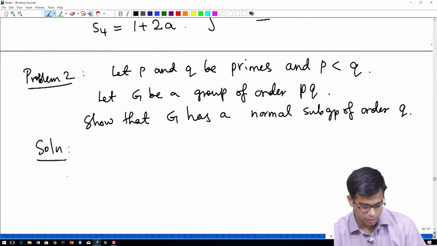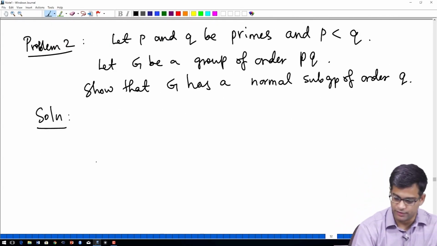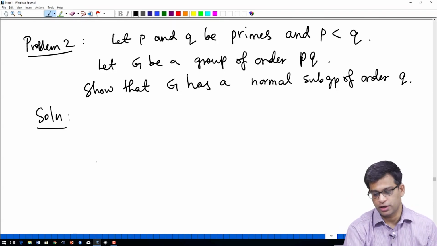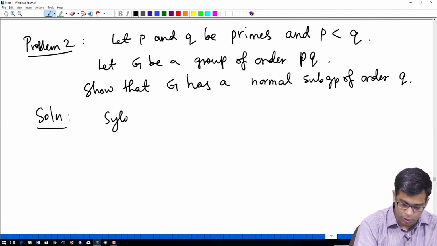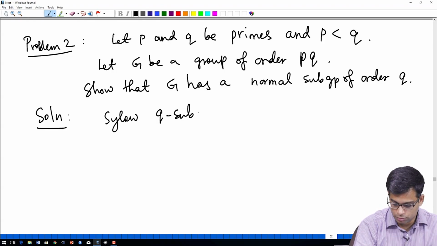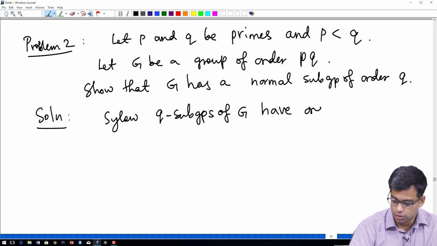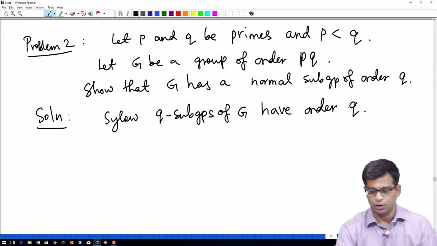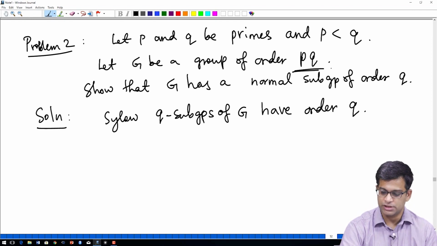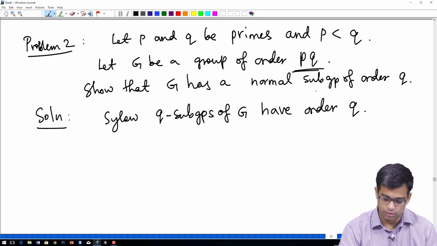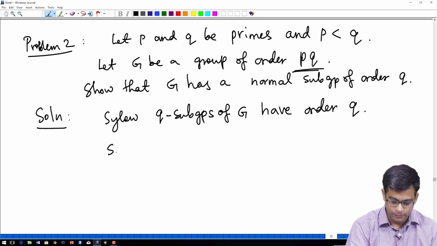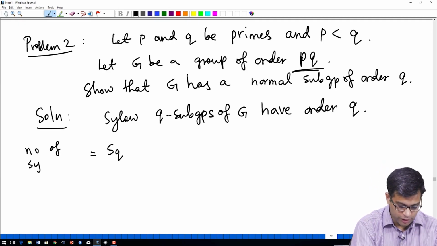The solution is very simple and similar to the previous problem. What is the idea? We want to show that there is exactly one Sylow Q subgroup. Sylow Q subgroups of G have order Q, not Q squared or Q cubed and so on, because Q is the largest power of Q appearing in the order of G. As always we denote SQ to be the number of Sylow Q subgroups.